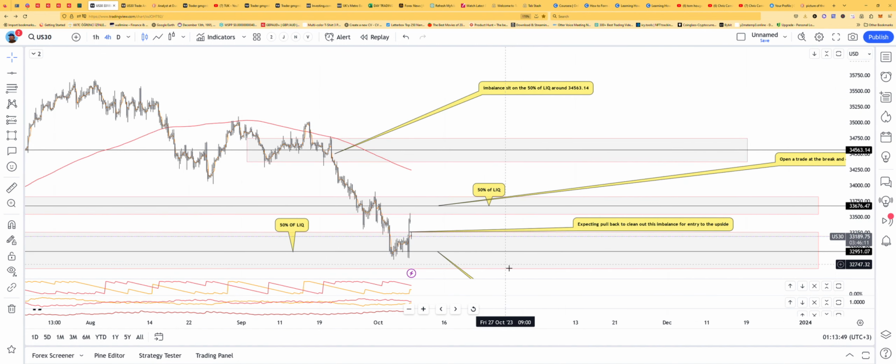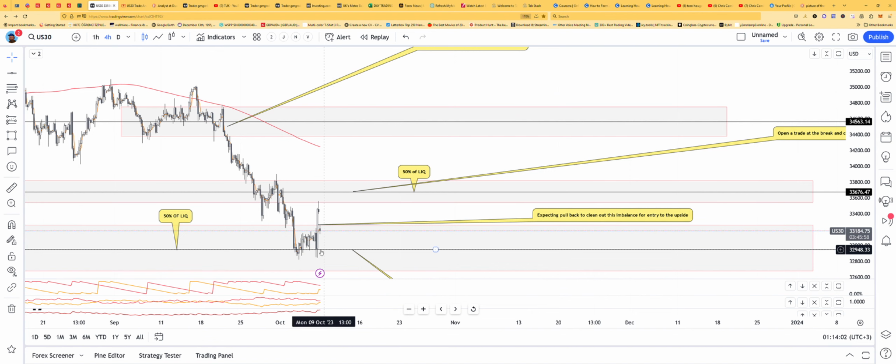Then we're only going to open a trade once we break and close below this area right here. That is the only time we're going to open a trade. And if we want to buy the market, we're going to buy with the anticipation of the market getting all the way to this range right here.